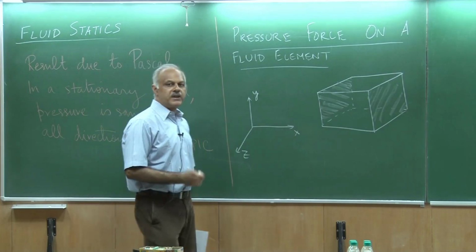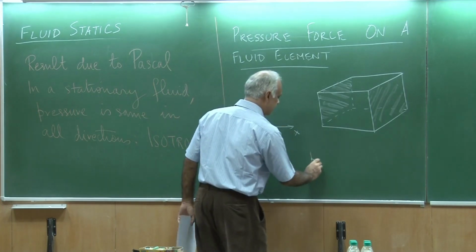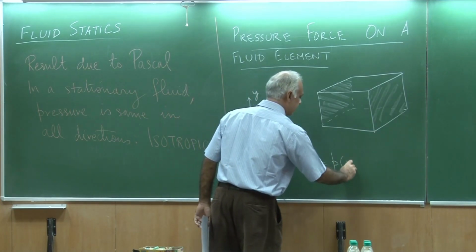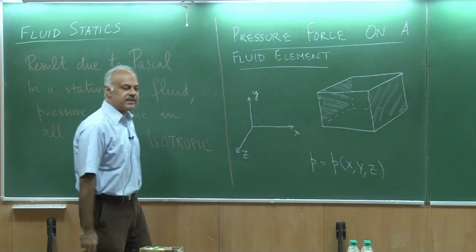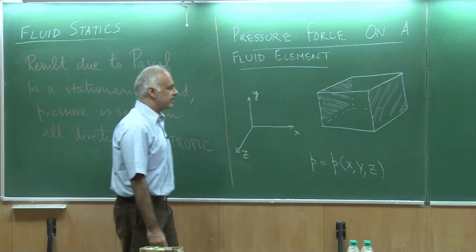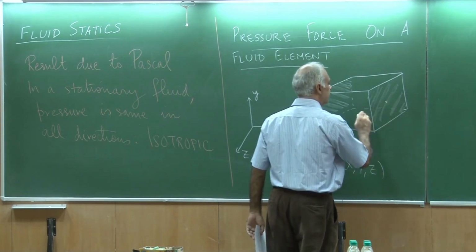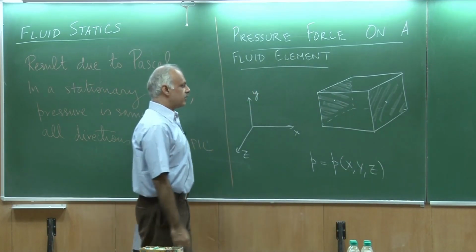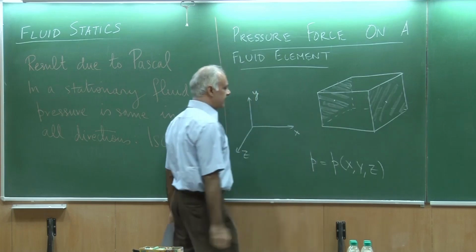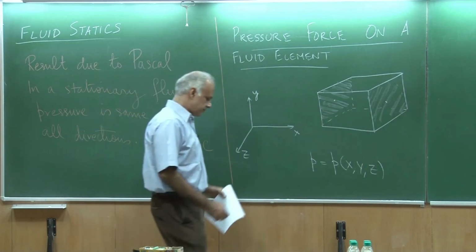So I am going to allow pressure to vary with x, y and z. So I am going to say that pressure is actually a function of x, y and z. It could vary. All right. So suppose I look at the pressure at this point and I look at the pressure at this point, and the only difference between these two points is that they have different x, but y and z are the same.